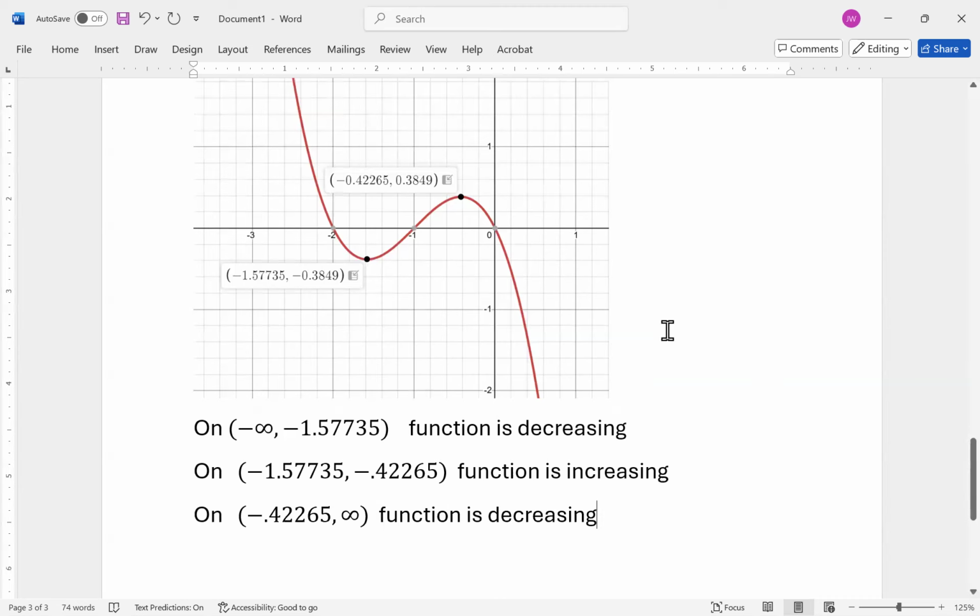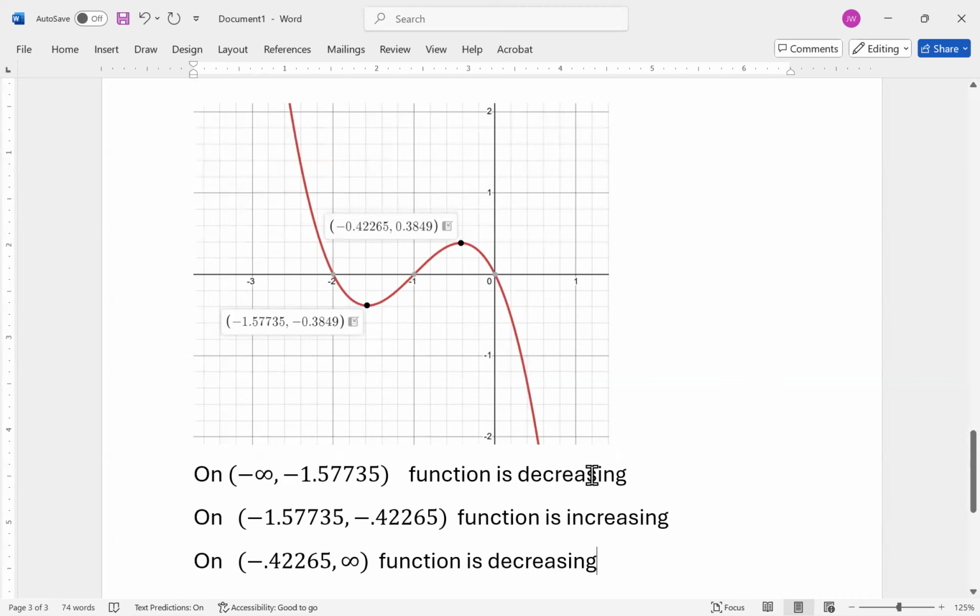And that's how we would write the intervals where our function is decreasing and our function is increasing. From negative infinity down to the negative 1.58, we're decreasing. From negative 1.58 to negative 0.42, we're increasing. And then from negative 0.42 up to positive infinity, our function is decreasing. So that's how we could lay out intervals where our function is increasing and where it's decreasing.